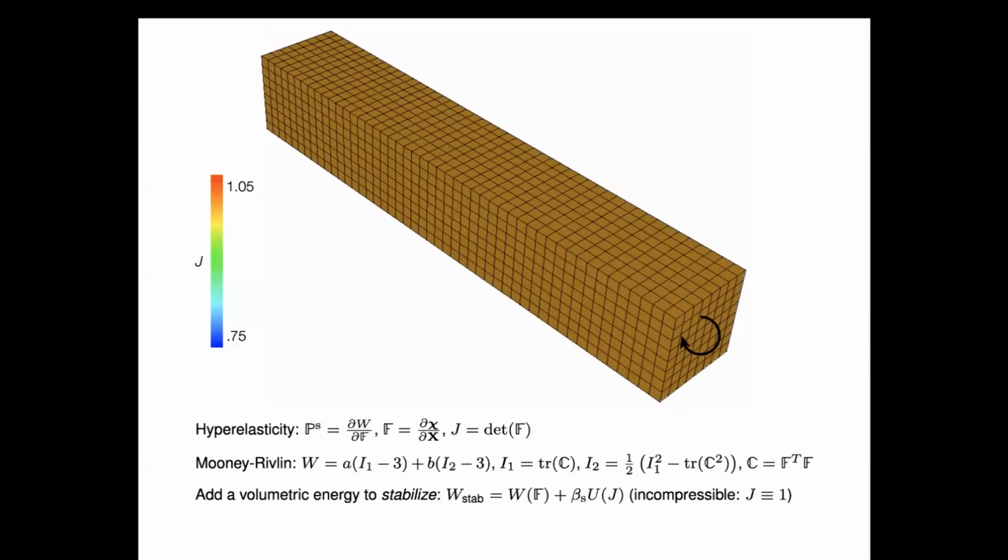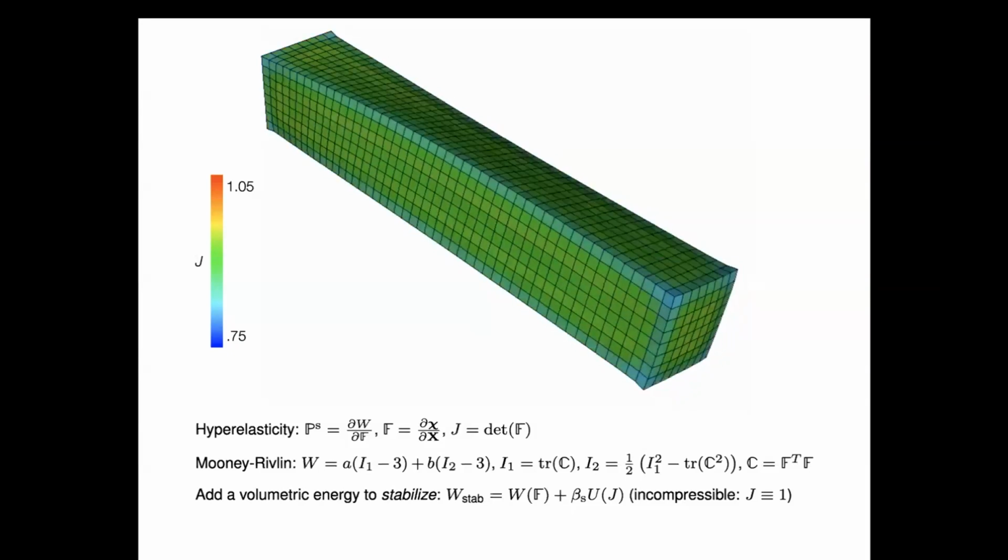We added to the energy a term that blows up when the Jacobian deviates from 1. So we just add a volumetric energy, and there's an extra parameter that plays a role similar to the bulk modulus. It's not a true bulk modulus. The continuum model here is an exactly incompressible material, so the true bulk modulus of the material is infinite. So this is what we've called a numerical bulk modulus.